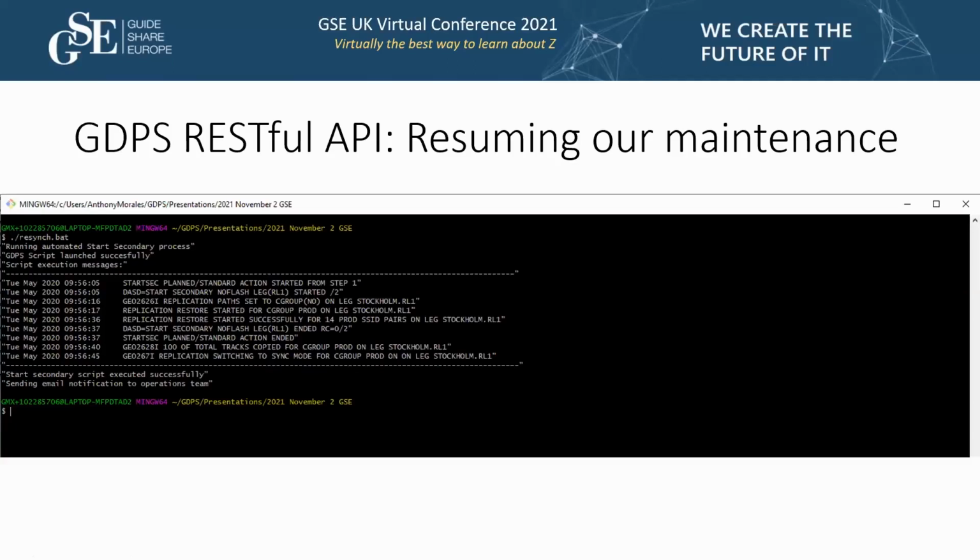This is an example of the output of our program in the command line. So we control the success of the script launch and monitor the execution in SDF alerts. Based on the SDF trace, the program determined that the execution was successful, and it sent the appropriate email to the operations team.